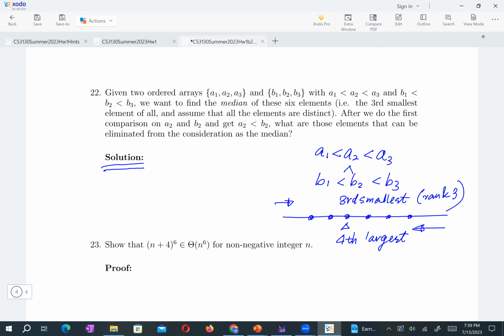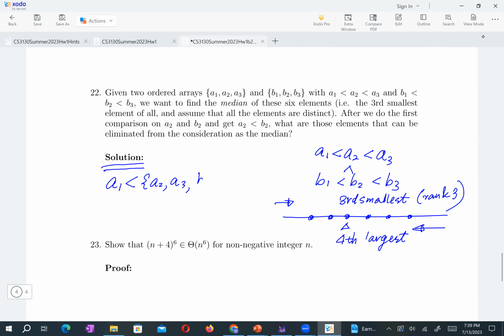Now, when you look from one side, let's look at A1. We know A1 is less than how many elements we want to see. A1 is less than A2 and less than A3.